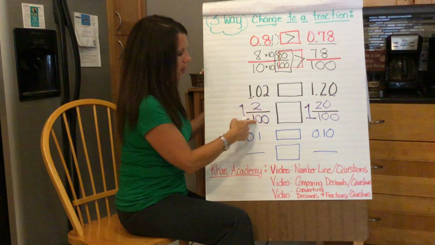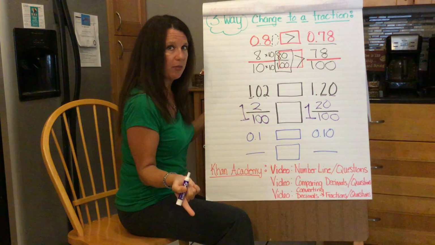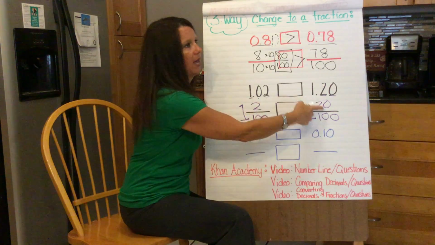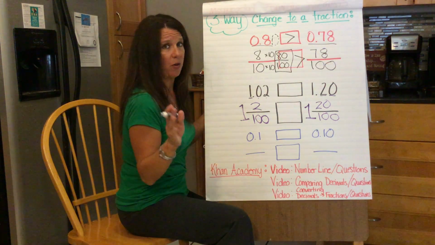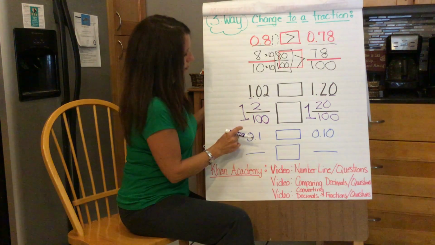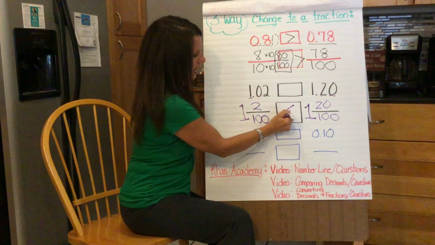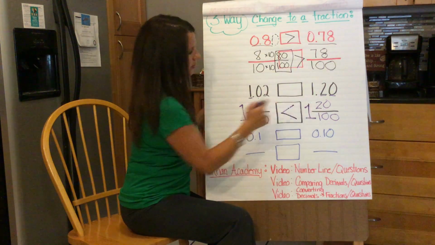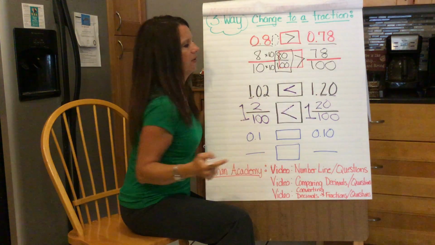That's saying I have 2 out of 100. Okay, this is saying I have 20 out of 100. So what would you rather have, 2 out of 100 or 20 out of 100? You'd rather have 20. You want more. Okay, you always want more if you're the hungry alligator. So 1 and 2 hundredths is less than 1 and 20 hundredths.